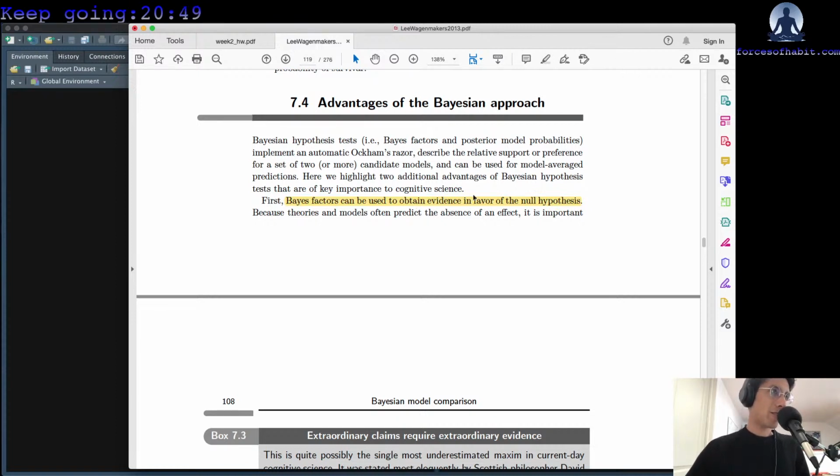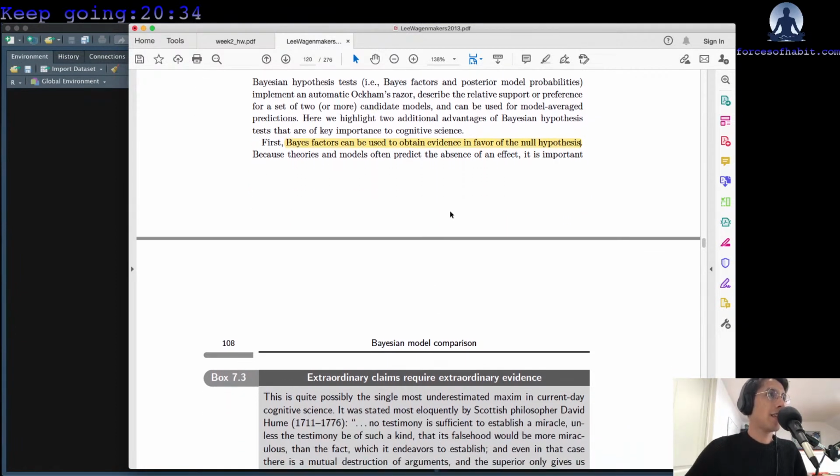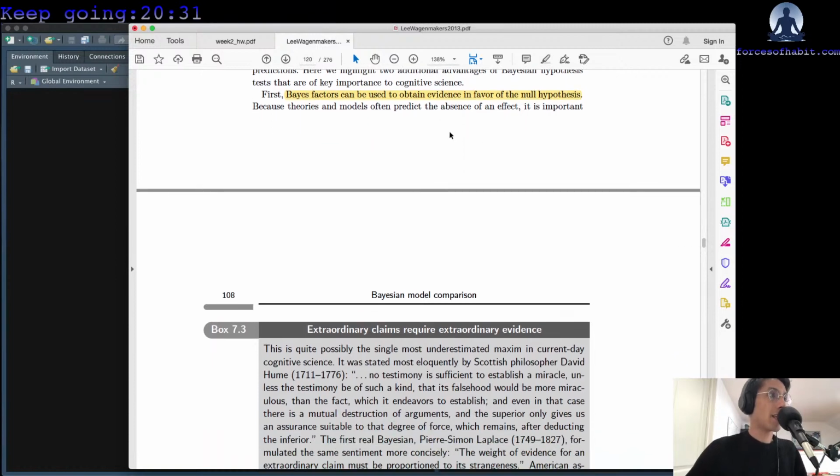So you can imagine building a model that would predict no effect, and you could test that model explicitly against the model in favor of your hypothesis, and the Bayes factor could provide relative evidence for one model over the other model.